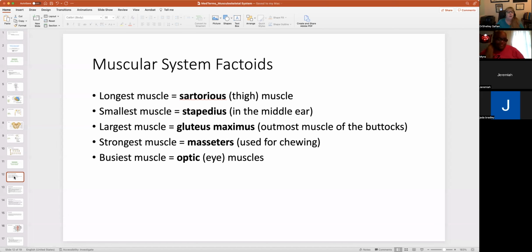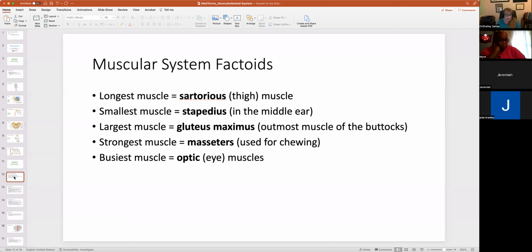Strongest muscle, right here in your jaw, used for chewing, the masseters, which is why the medical term for chewing is mastication. See how that ties together?